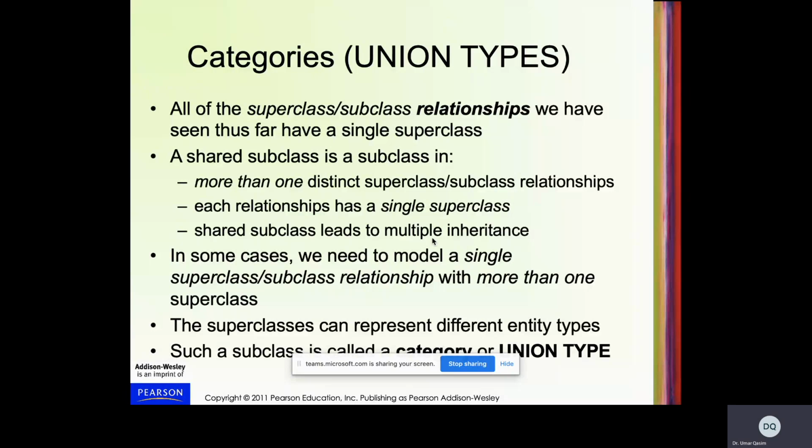When we have a shared subclass, there is more than one distinct superclass-subclass relationship. So in that case, we use a category or union type.